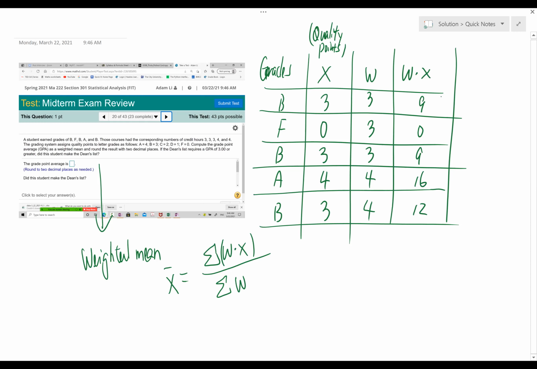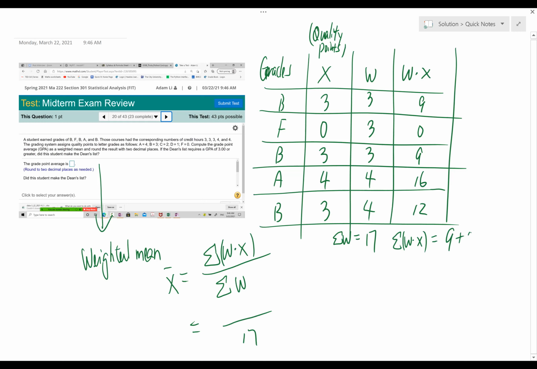All you have to do is sum up this column, and sum up the total credit. Summation of W: 3 plus 3 plus 3 is 9, adding 8, 17. So the denominator is 17. The numerator is summation of W times X: 9 plus 0 plus 9 is 18, adding 12 is 30, 30 plus 16 is 46.